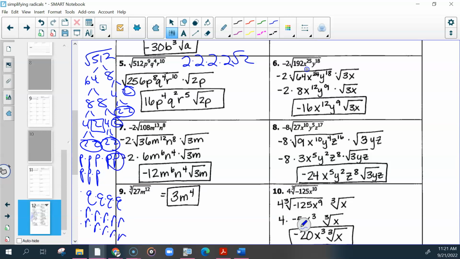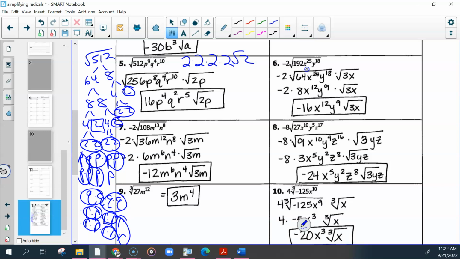Okay, so 1, 2, 3, 4. I'm just going 1, 2, 3, 4, 5, 6, 7, 8. It was 9. Got it. I erased too many. So 1 P left over, 2 pairs of Q's, 5 pairs of R's.